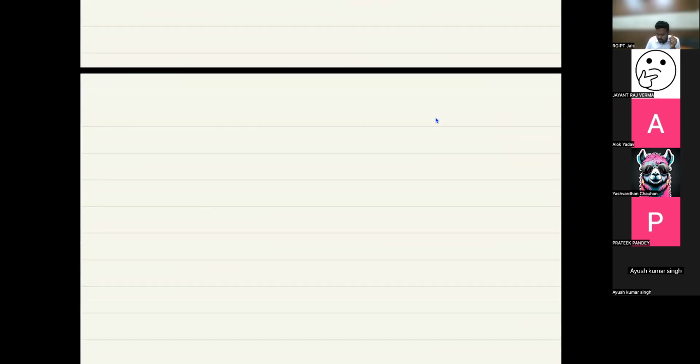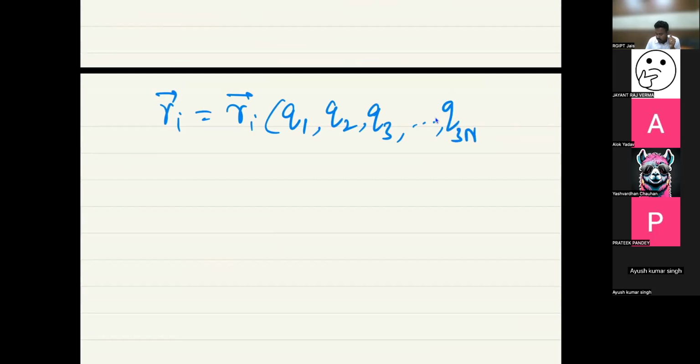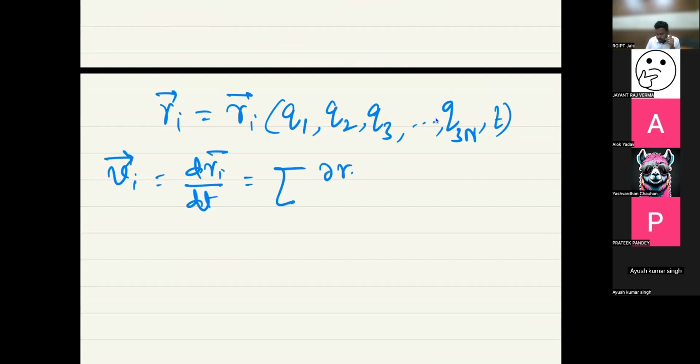Now, we can write ri as a function of the generalized coordinates q1, q2, q3, up to q3n, and t. So if we want to find the velocity, velocity is basically dri by dt. So we can take the partial derivative: del ri by del qj, since these are functions of qj's.